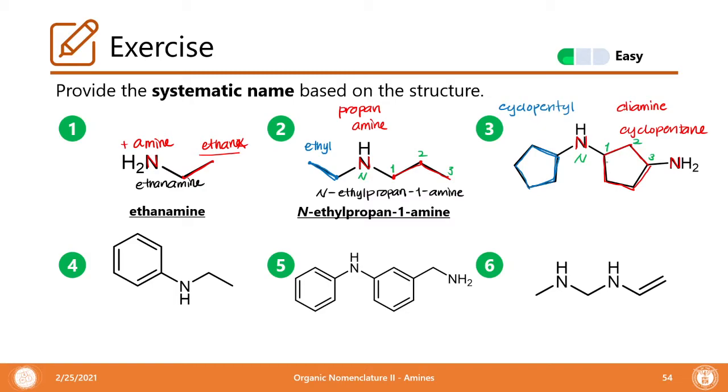So this would be N1. So when we assemble the name, at the nitrogen at the 1 position, we have a cyclopentyl group, and then that whole substituent is connected to the parent chain, cyclopentane, and at positions 1 and 3, we have the diamine.